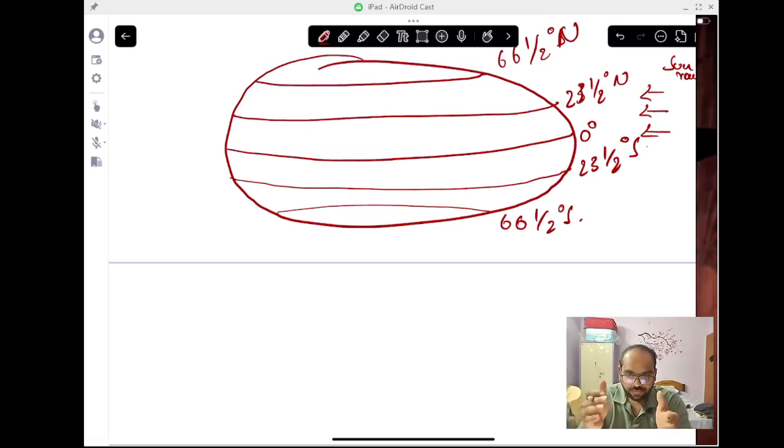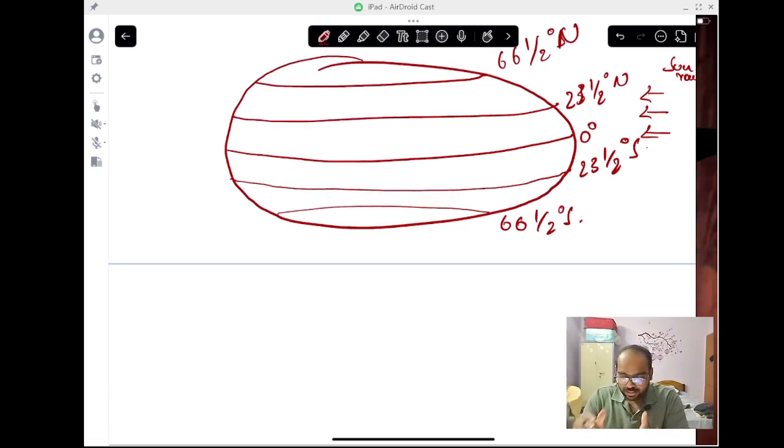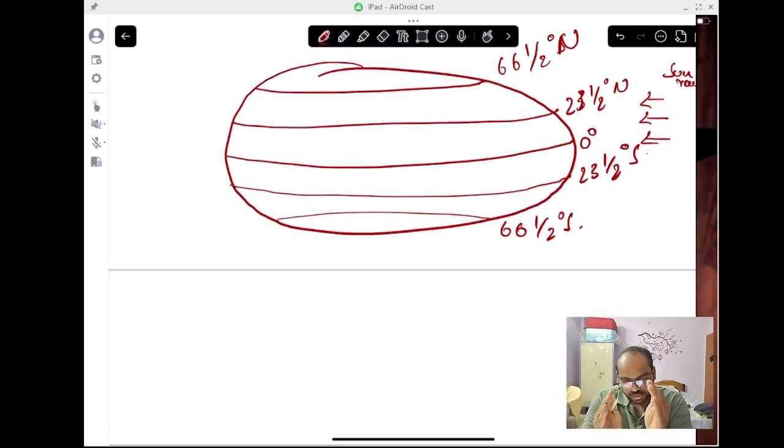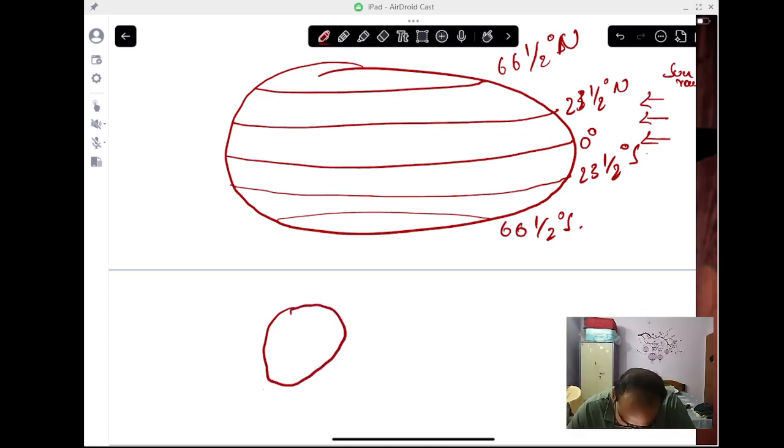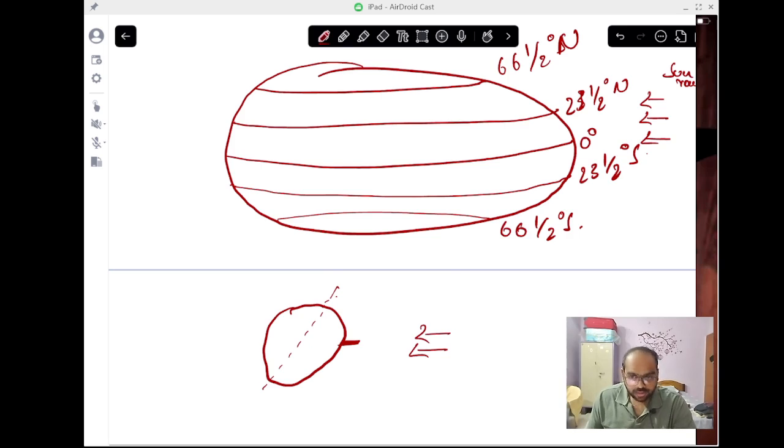And apart from being a sphere, Earth is also tilted on its own axis. There is a tilt, if you observe. Because of this tilt, the sun rays falling on the Tropic of Cancer are at 90 degrees, they fall directly, vertically on the Tropic of Cancer.